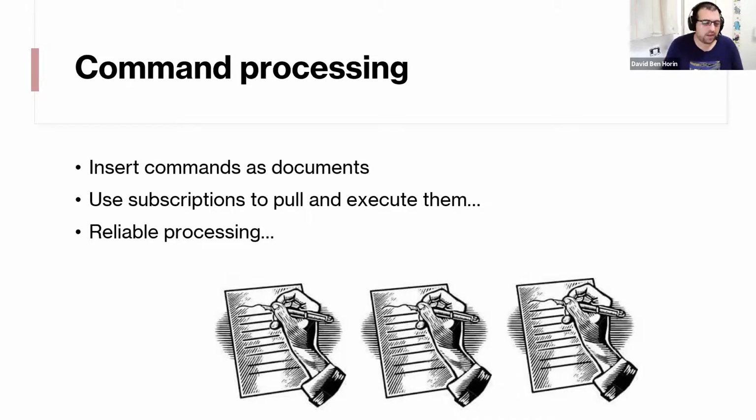Another way of doing that is to say, hey, instead of doing that implicitly, let's create a ship order command. And then I have a subscription on the commands, operate that, run that, typical message-based systems, and all of that. You get reliable processing, you get at-least-once execution, all of the usual things that happen.